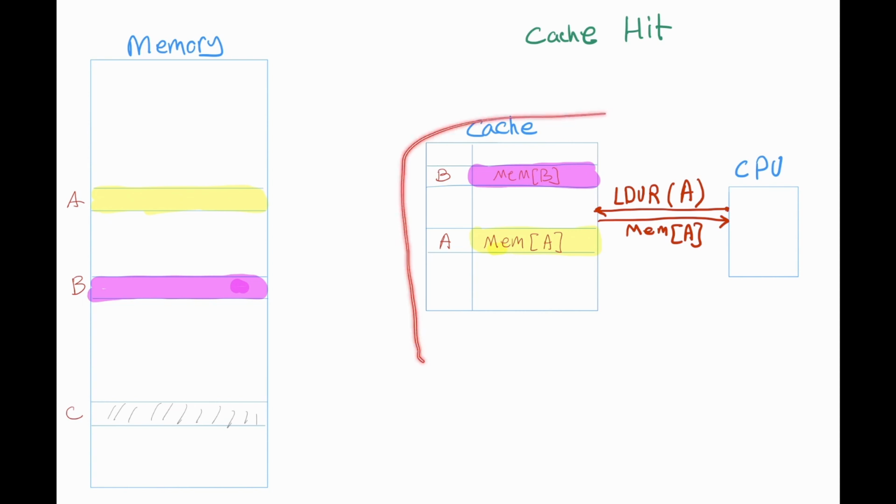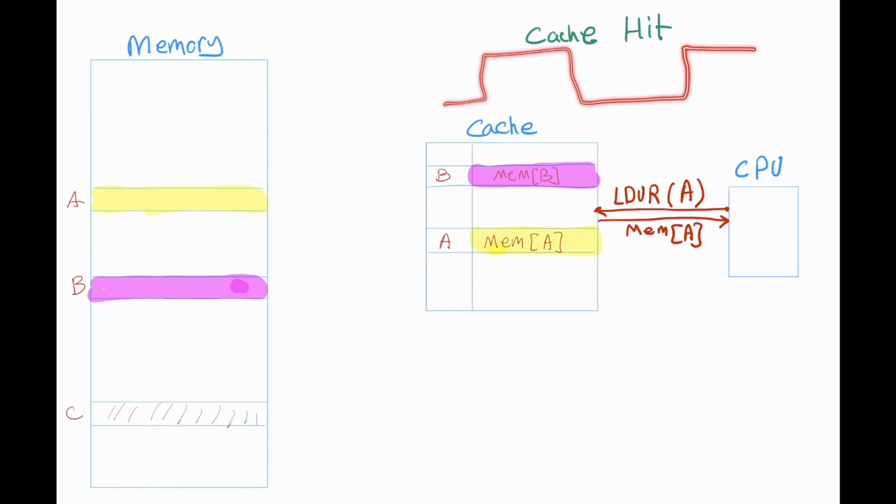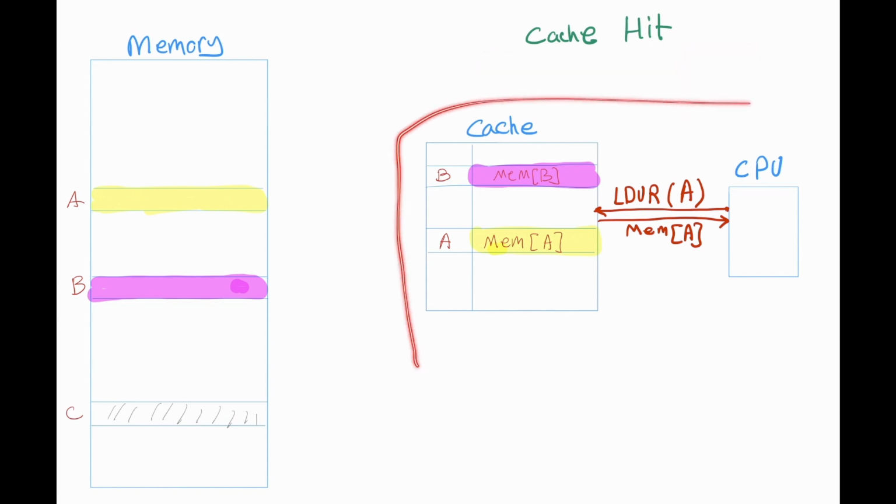We are going to assume when you go to the cache, in one clock cycle, when you need the data and the data is in the cache, you can go to the cache and come back in one clock cycle. That assumption is reasonable when cache is physically inside CPU. So that's the nice scenario. Now, what happens if here we are asking for address C?